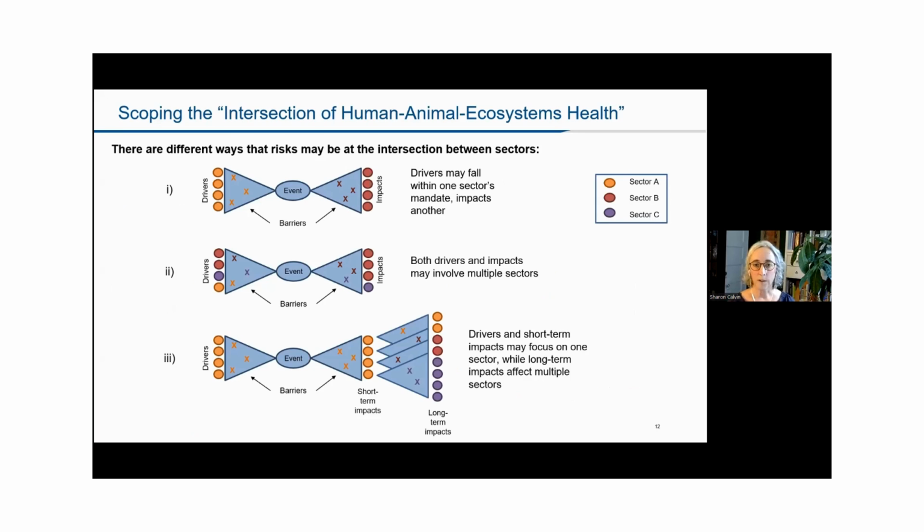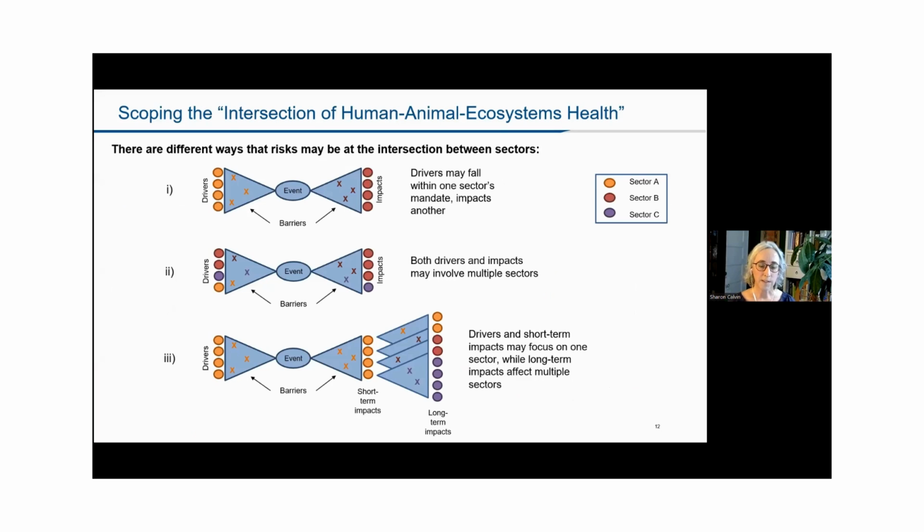Risk bow tie diagrams can also help us illustrate that there are different ways that risks may be at the intersection between sectors. We talk often about the intersection between human, animal, and environmental health.